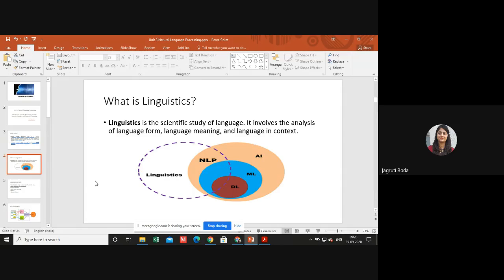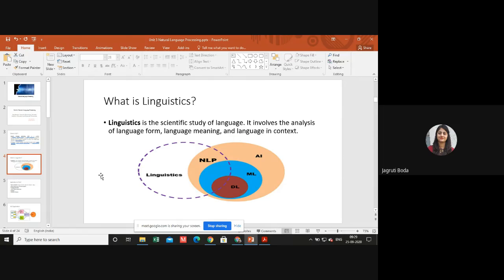Clear? Why is NLP required? Because humans understand their languages like Hindi, Gujarati, English, and other regional languages. But computers can't understand all these languages. So we have to convert our language and work out how we can interact with computer devices in our language.